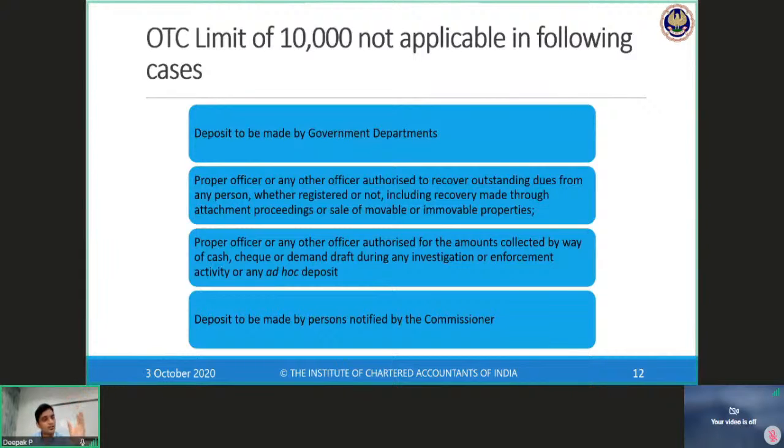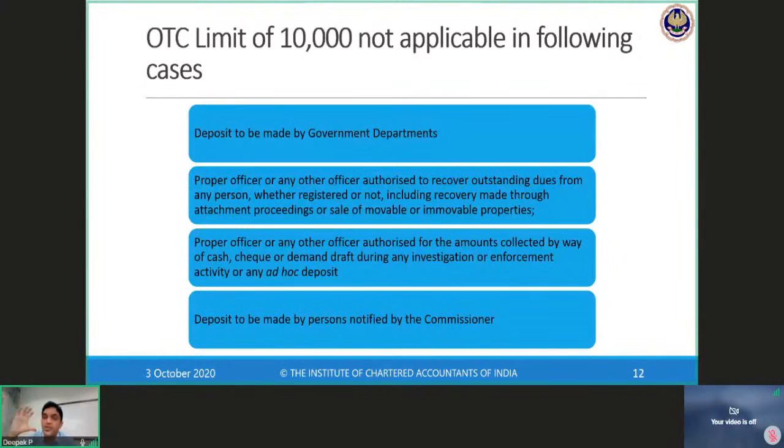Credit of an invoice dated 18/19 can be claimed in 18/19, or if you have missed it in that year, within 6 months from the end of the year, which is April, May, June, July, August, September. You can claim it within the September return of the subsequent year or the filing of the annual return, whichever is earlier.